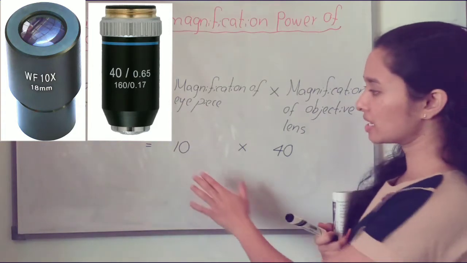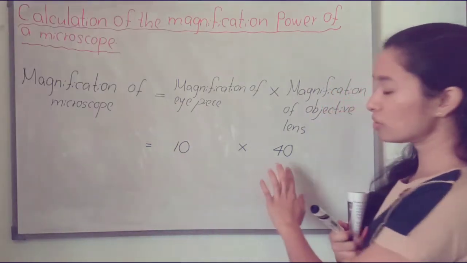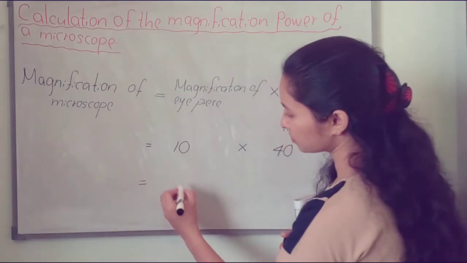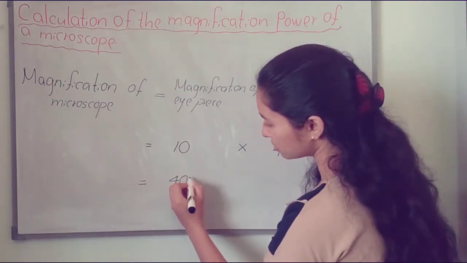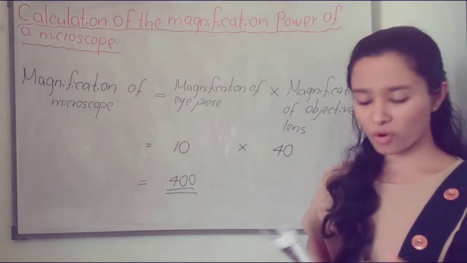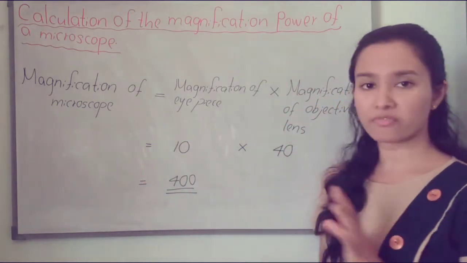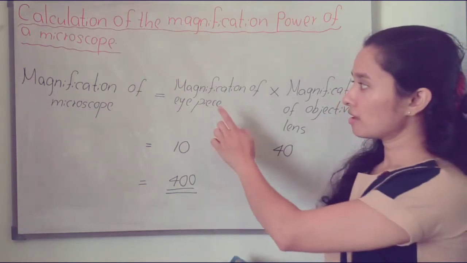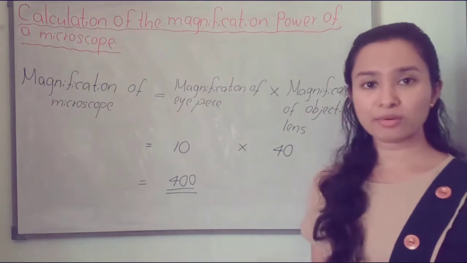It is very easy. We multiply 10 into 40. So what is the magnification? 400. So the magnification of the microscope is 400. You can find it by using the eyepiece and objective lens.